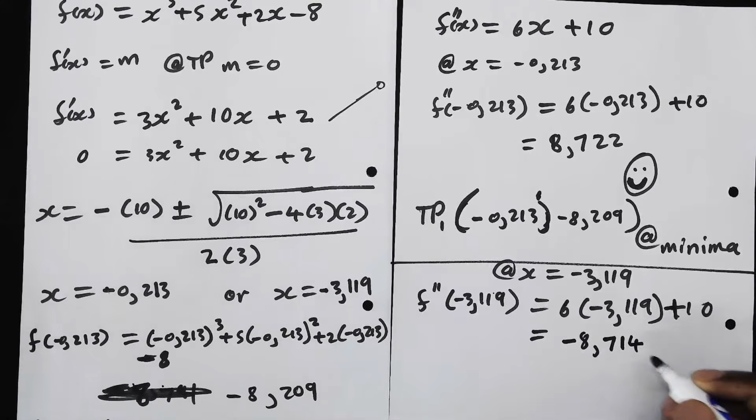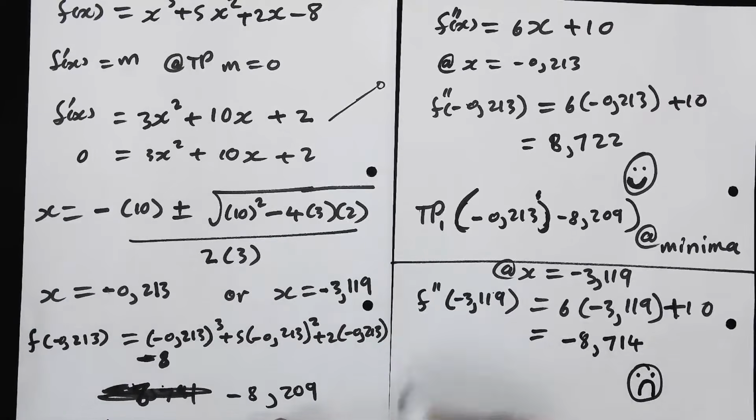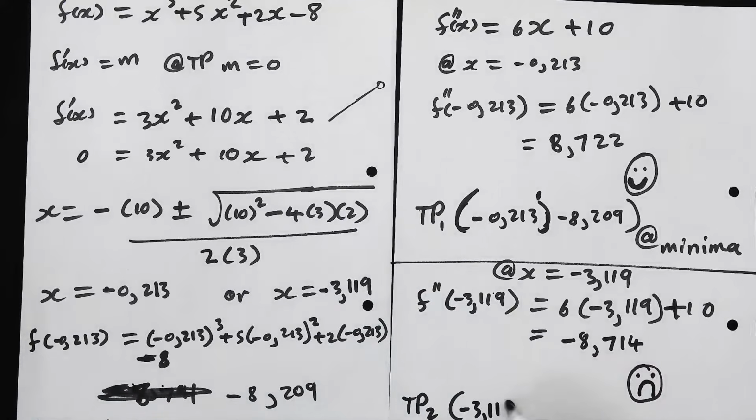Negative 0.714. So, you see, draw that shape there. I hope you see. It's very sad, negative energy. So you see that, according to that, it reaches its maximum. So at TP2, which is x is negative 3.119, y is 4.061.